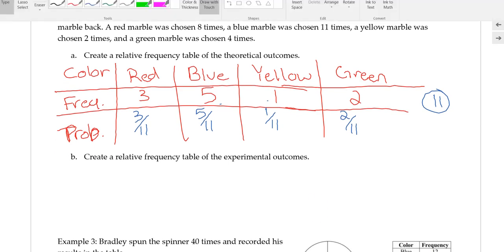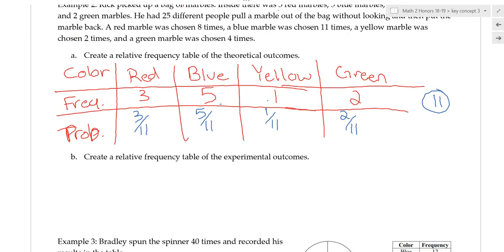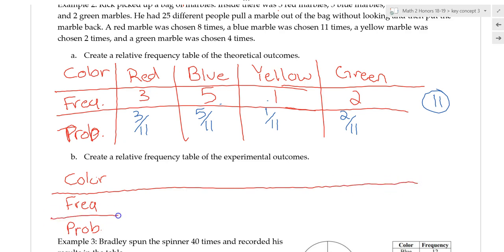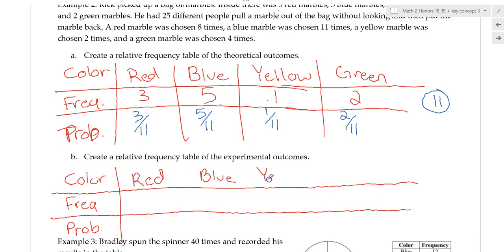So B, now we're doing our experimental. Start with our color, our frequency, and our probability. Still the same colors: red, blue, yellow, green.